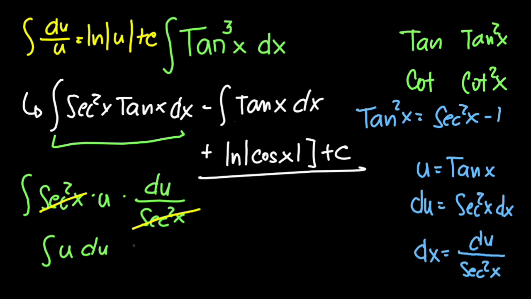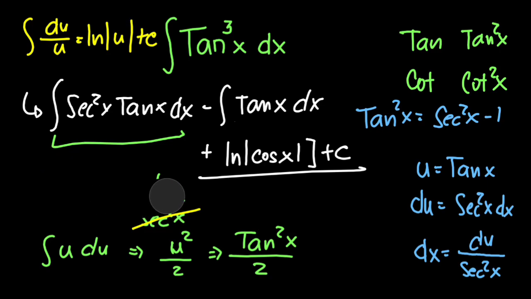And so let's take the integral of u, which is equal to u squared over 2. Replacing u back into its original form, it would be equal to tangent squared of x over 2. So this is the answer for this.